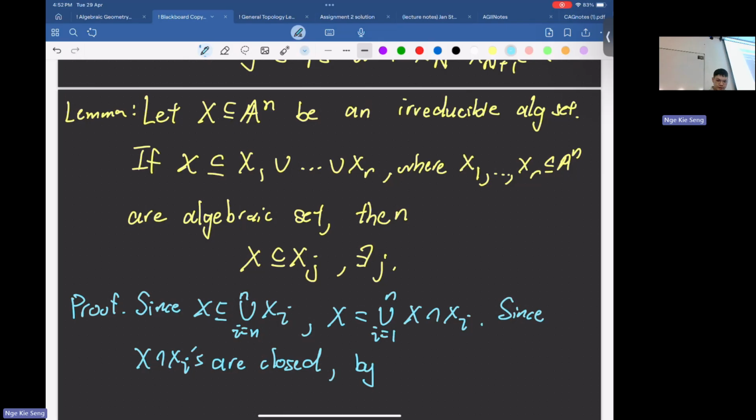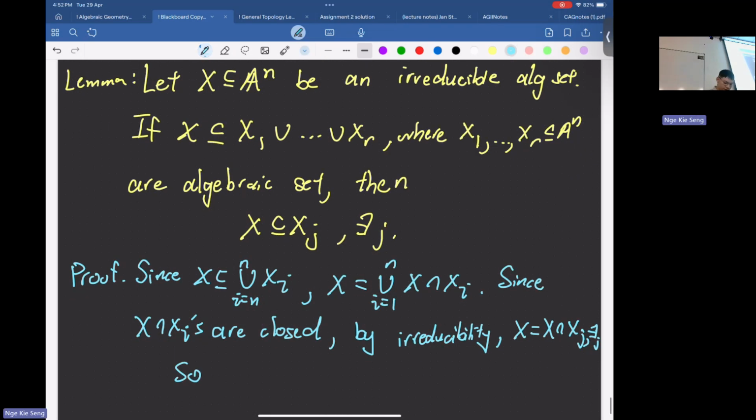So by irreducibility, right, you write X equal to a union, but irreducibility says what? It cannot be written as a union. So it must be equal to one of the intersections.